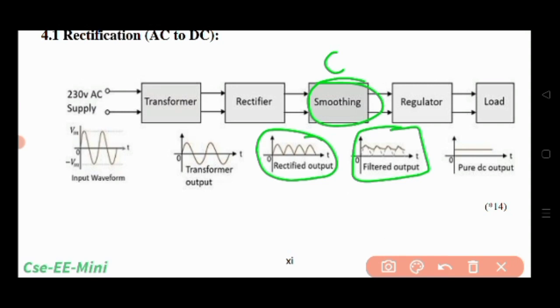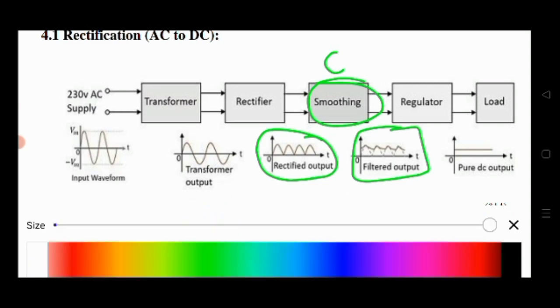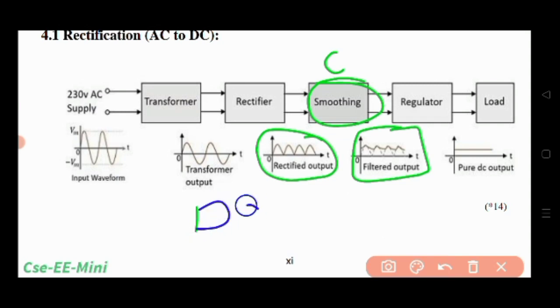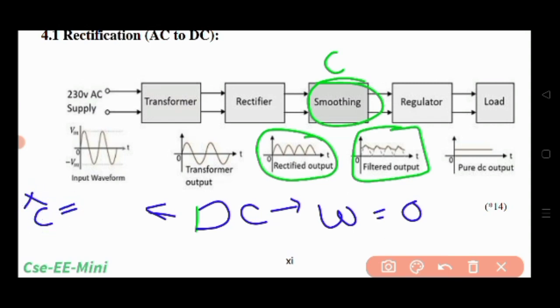We can see for DC, let me just change the color. For DC the frequency is 0, so omega is 0, and I have already told you that for DC the capacitive resistance will be Xc = 1/(C omega).